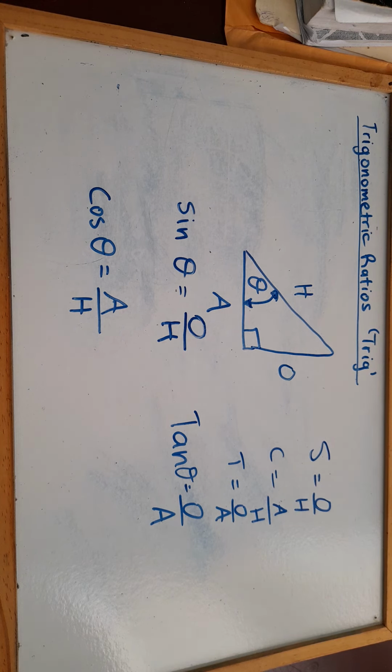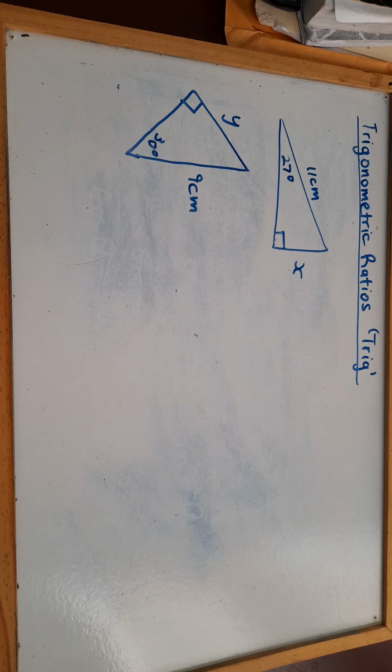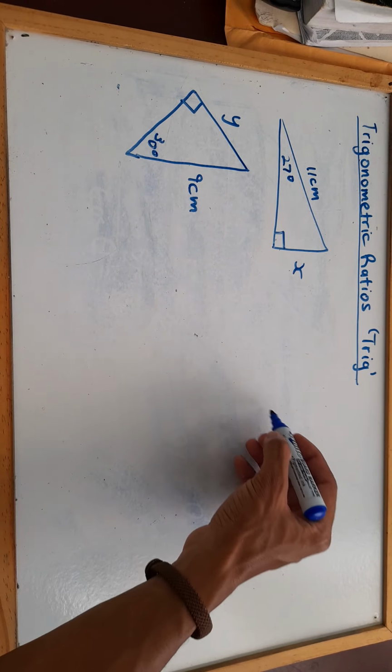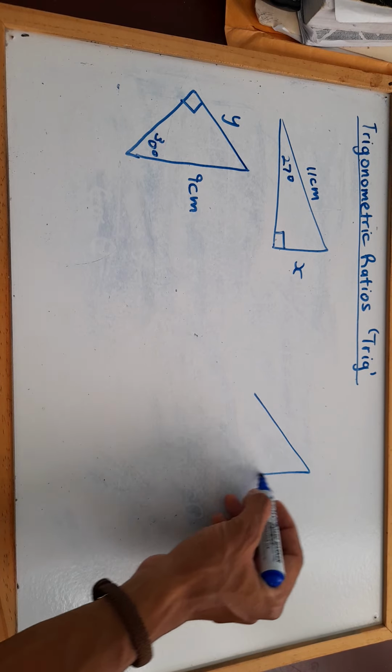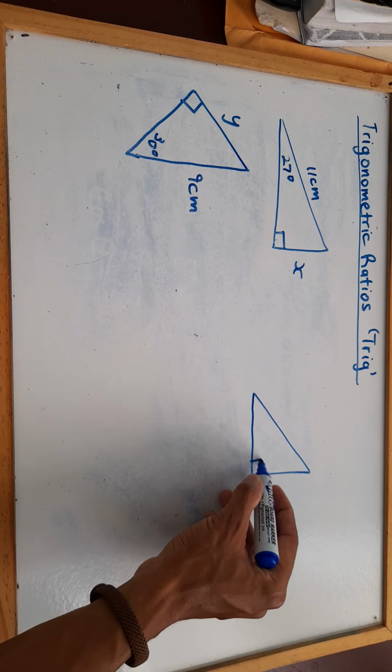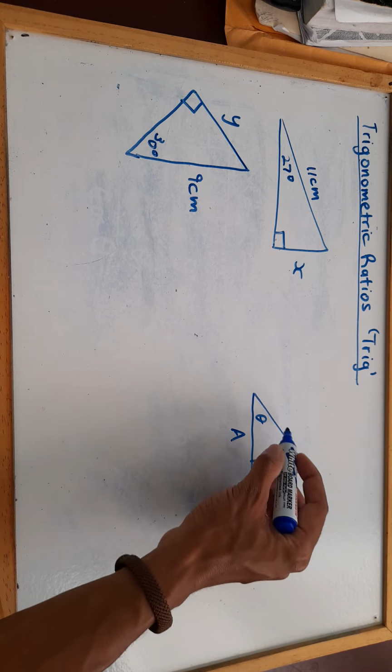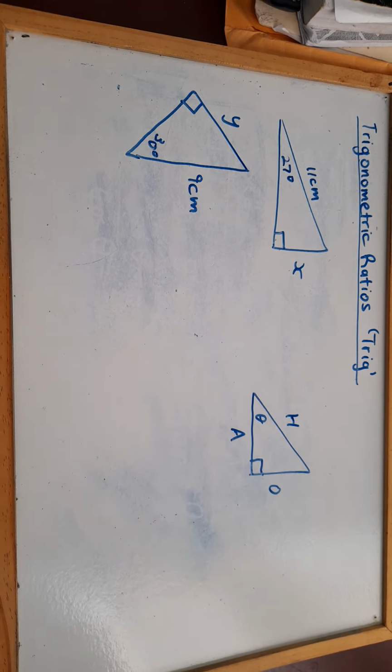Now we go into how we use these ratios to actually solve a problem. Before we go into these examples, I wanted to further concretize opposite and adjacent sides. The triangle we used had theta, the opposite side, the adjacent side, and the hypotenuse.